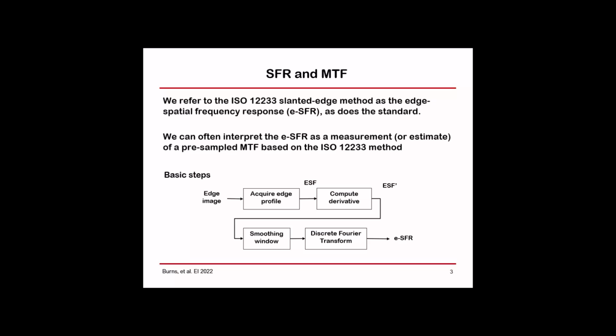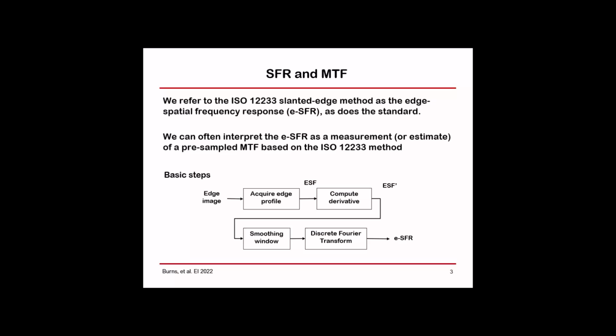That's how it's referred to in the standard. For this talk, we can interpret the ESFR as a measurement or estimate of the pre-sampled MTF. I think it's important to define the terms, but not to pick a fight on which term you use.